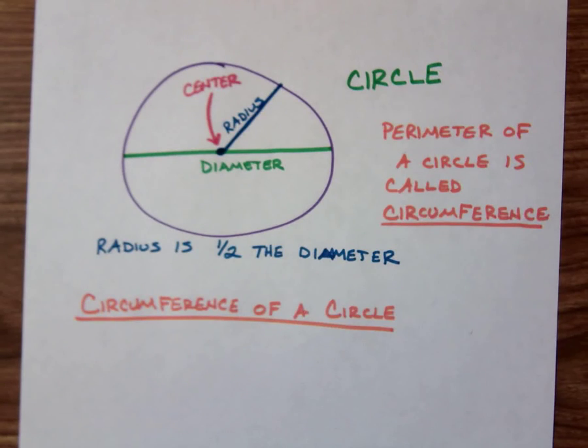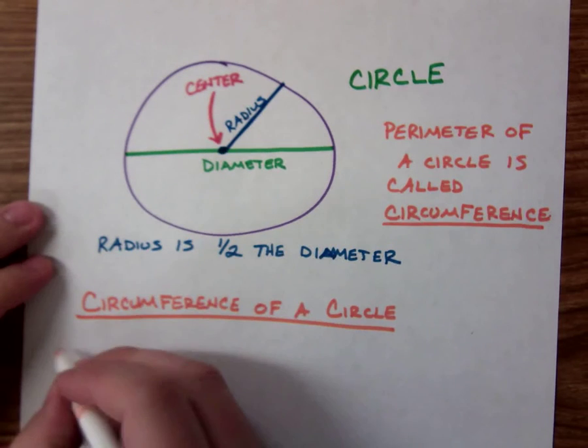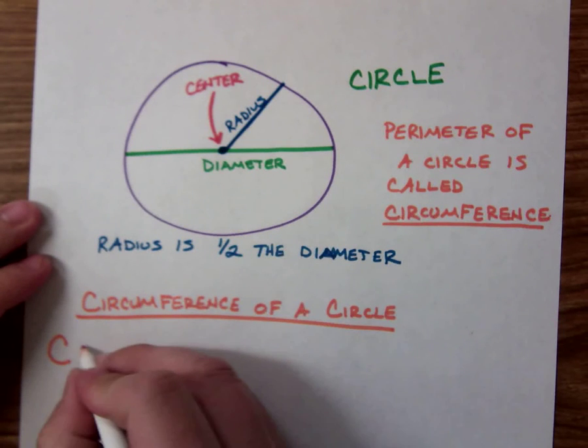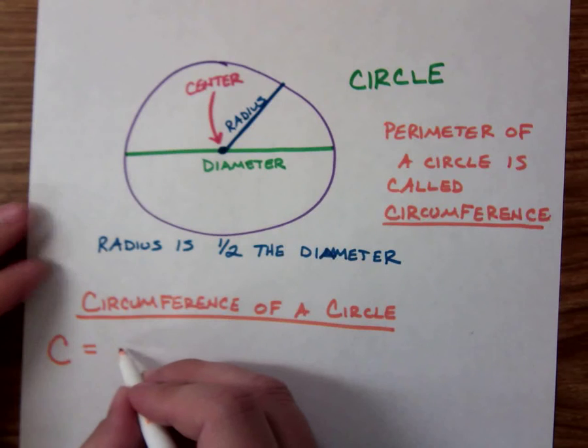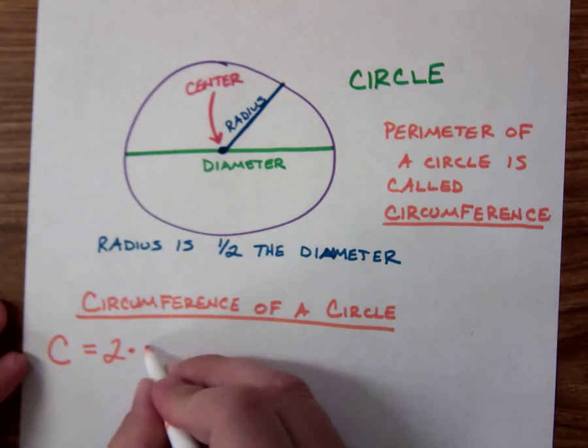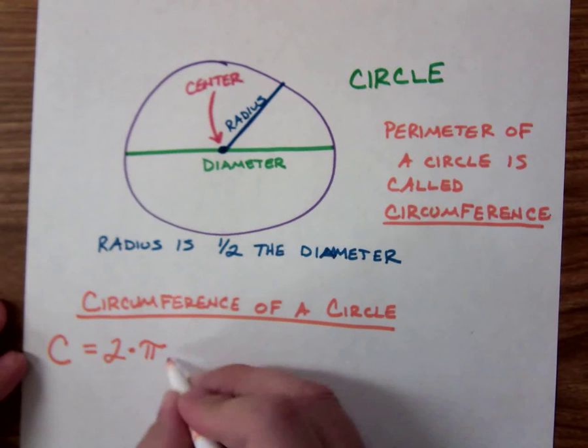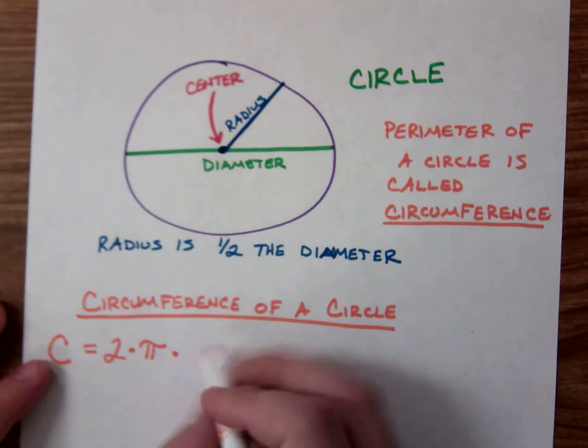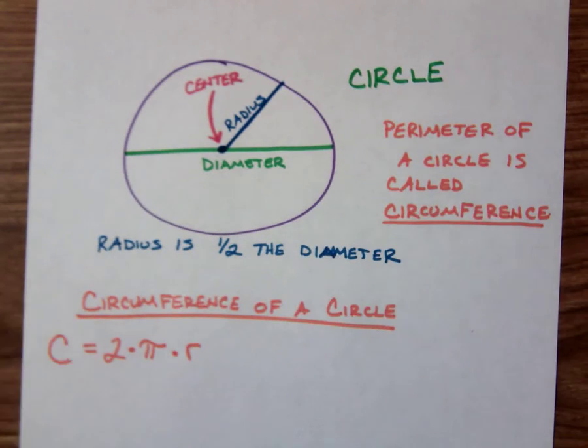Okay, formula number one, the circumference of a circle is equal to 2 multiplied by this goofy little symbol multiplied by the radius.